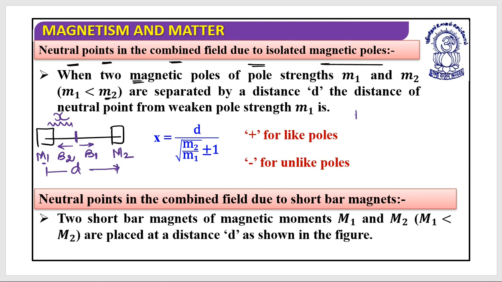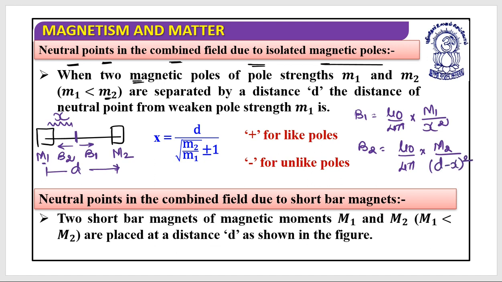B1 can be written as mu naught by 4 pi into m1 divided by x square, and B2 can be written as mu naught by 4 pi multiplied by m2 divided by (d minus x) whole square. So this is B1, this is B2. Now B net should be equal to 0. So I just need to compare B1 equals B2.